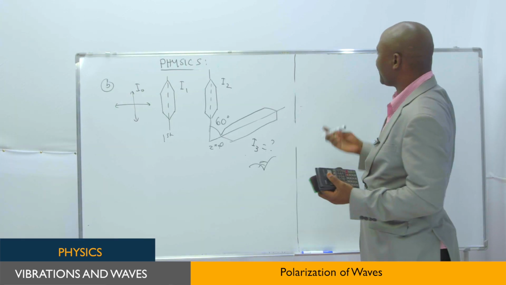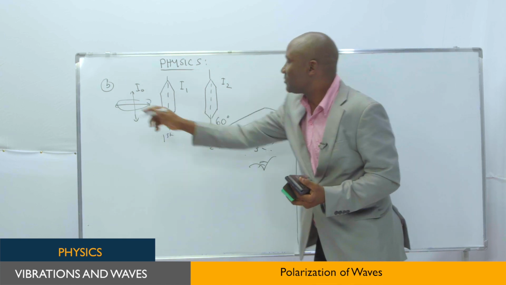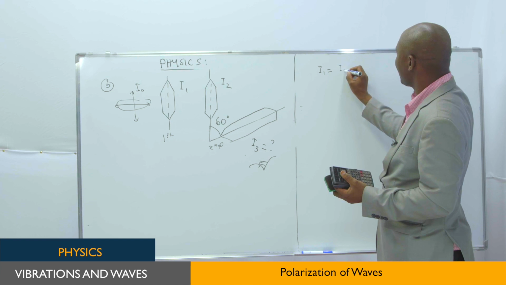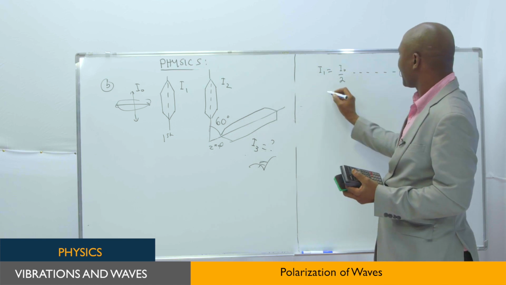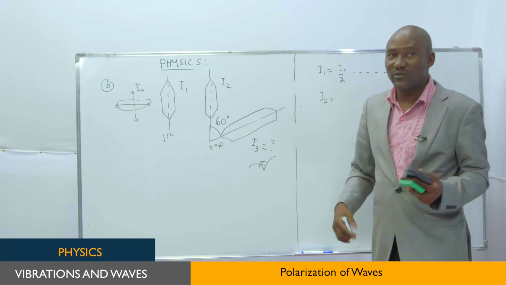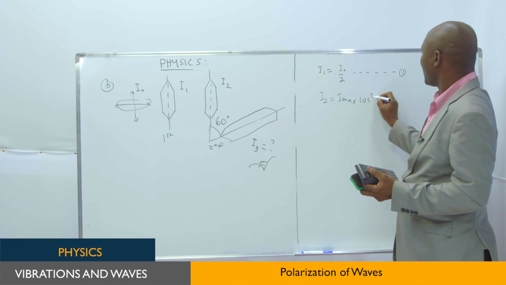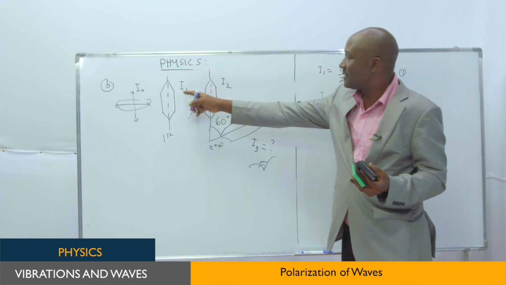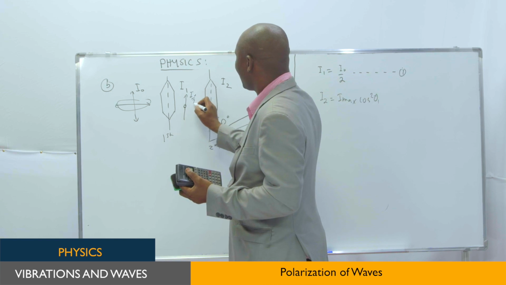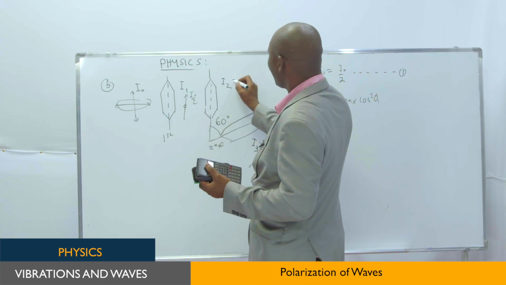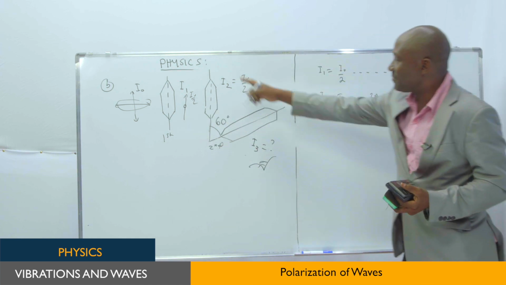Okay, let's find I1. I1 is very simple because half will be absorbed, so I1 is I0 over 2. And then I2. What's I2? You can use the formula, I maximum cos squared. The angle between them is 0, because they are parallel.